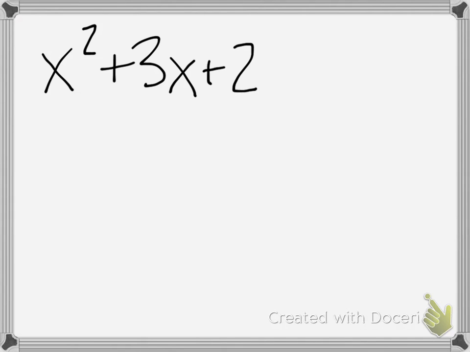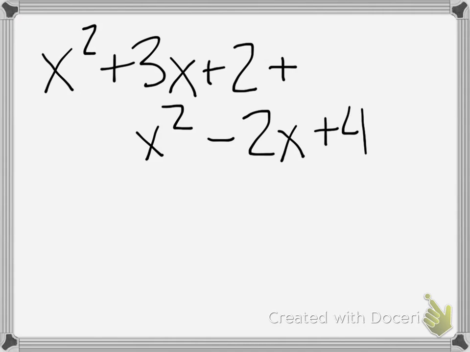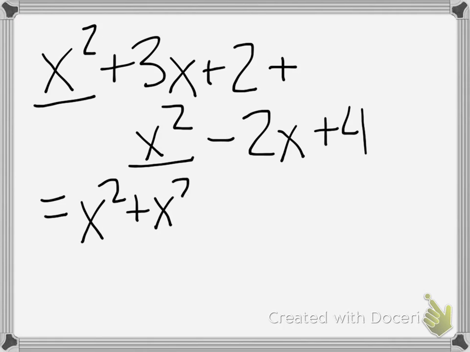Now, if I had a more complicated thing, let's say I have x squared plus 3x plus 2 plus x squared minus 2x plus 4. What I'm going to do is I'm going to group like terms first. I see two x squared terms. I'm going to put those together. This is x squared plus x squared.